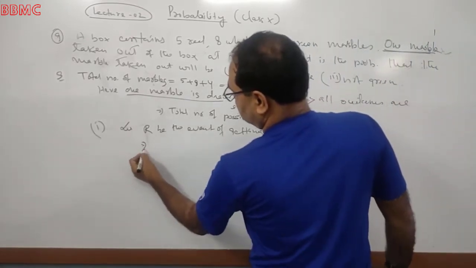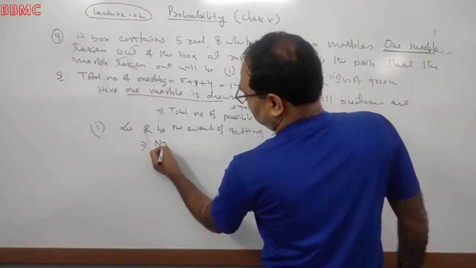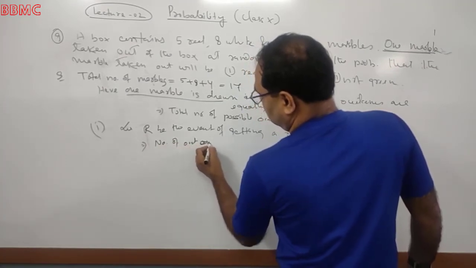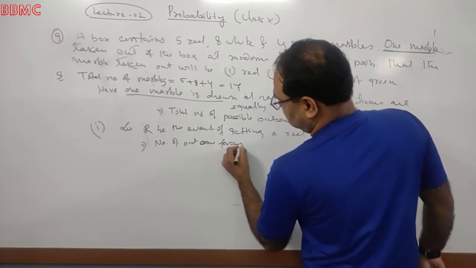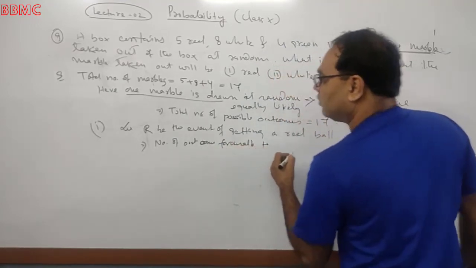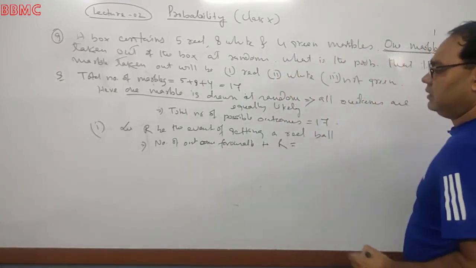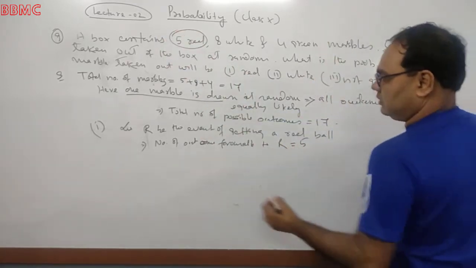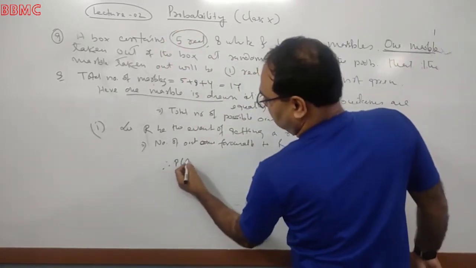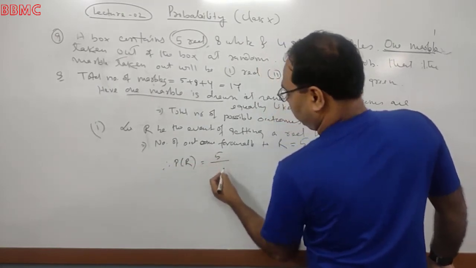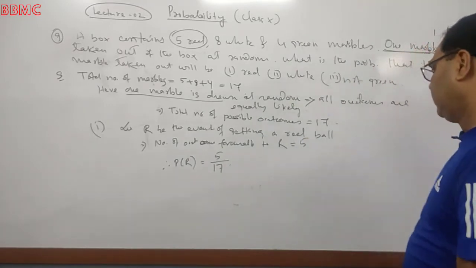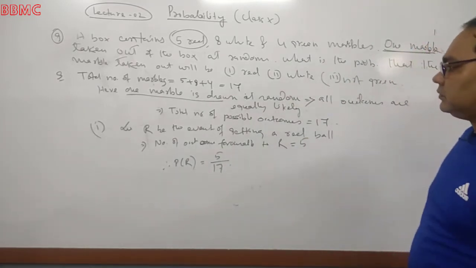This implies the number of outcomes favorable to R, red balls, is 5. Therefore, P of R is equal to 5 by 17. This is the answer.